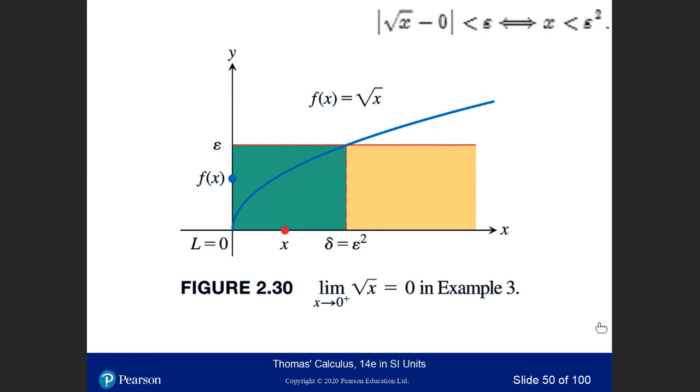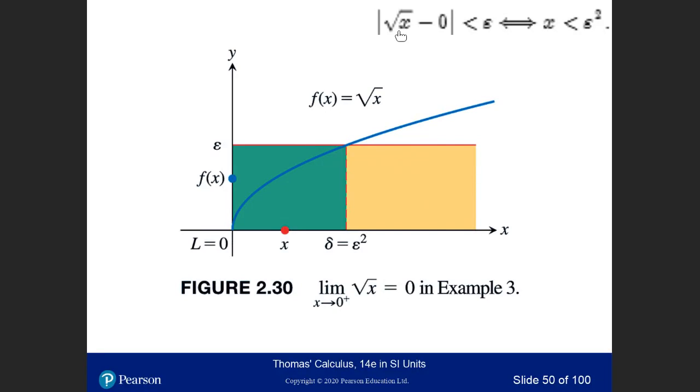Consider the square root of x at 0. Suppose the function is considered from the right hand side, because on the left hand side the function is not defined as a square root. So that's my epsilon. L is this, that's square root of x minus L less than epsilon.